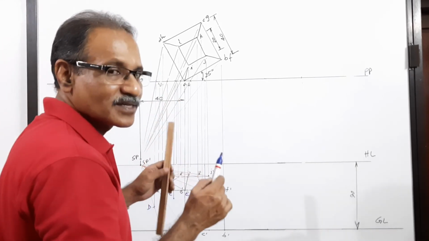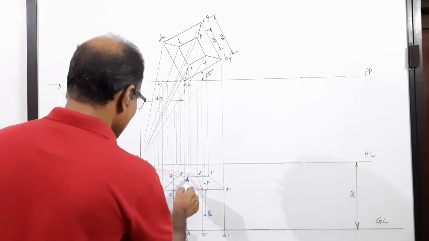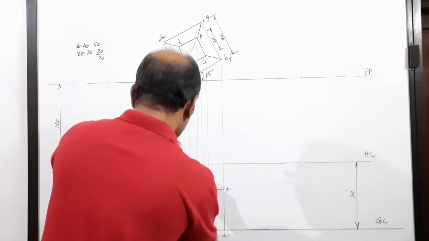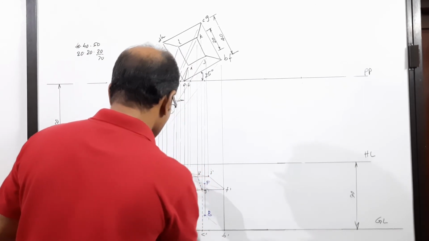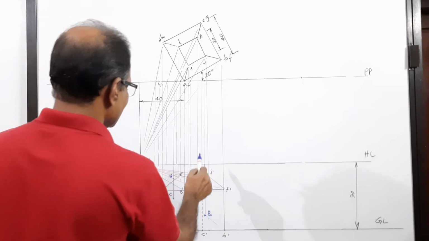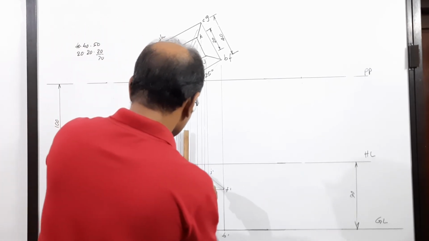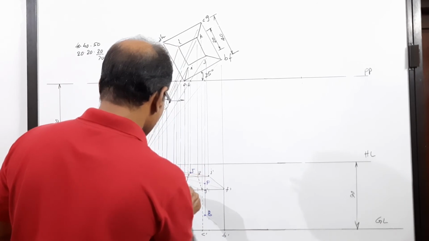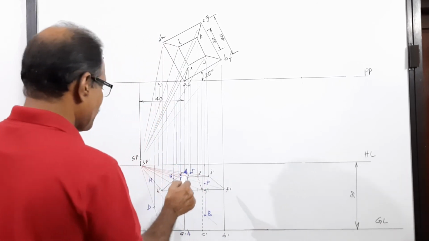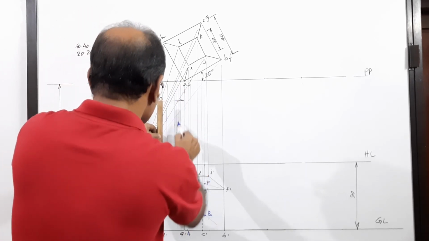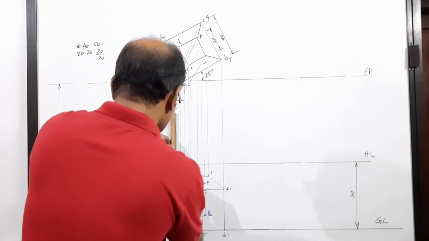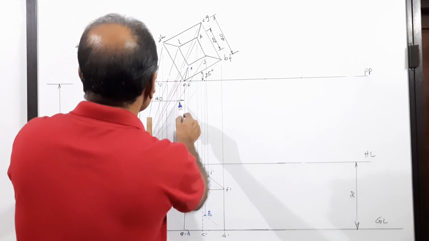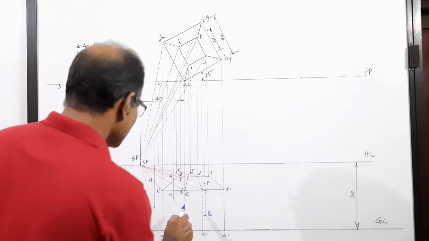Then the other small square. Let us find them. I, J, K, L. Where is L here?